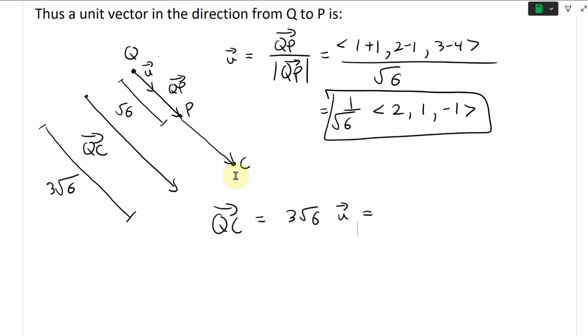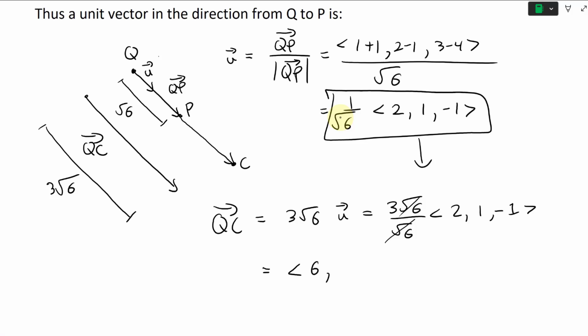So I'm going to multiply this inside: 3 square root 6 over square root 6, times the vector 2, 1, negative 1. Then the square roots cancel, and moving 3 inside, this equals 6, 3, negative 3.